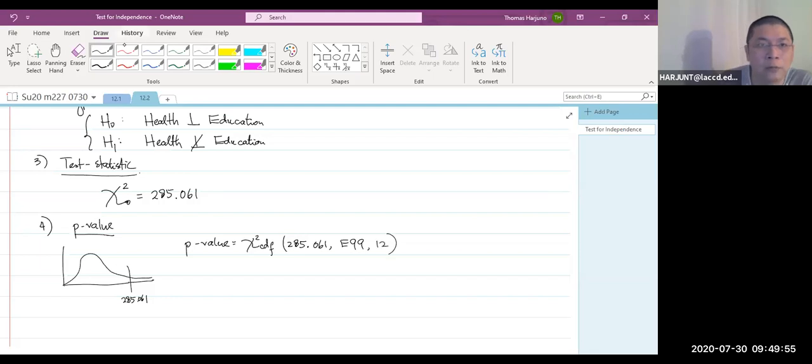Let me remind ourselves how I get that. This is the number of rows minus 1 times the number of columns minus 1. I believe this becomes very, very small because the peak is supposed to be at 12, so this is way too far.